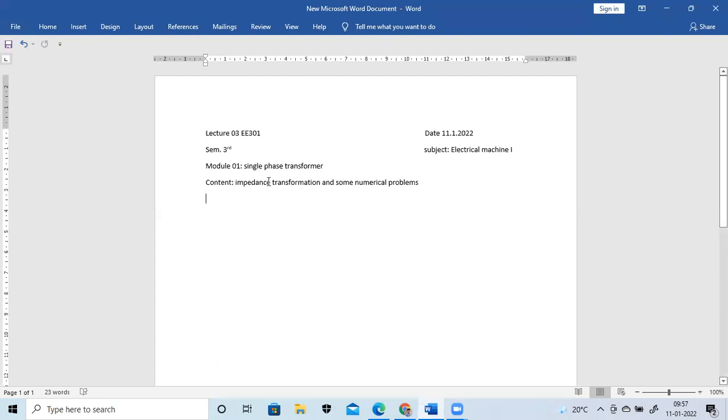Okay, so some numerical problems and impedance transformation.